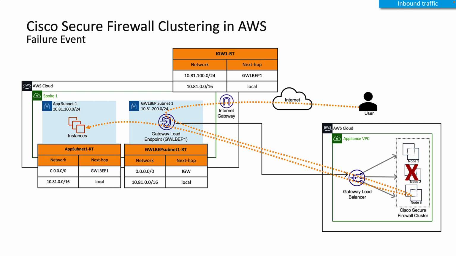And remember, in the previous slides, I talked about the cluster control link, and I talked about the backup owner and the owner. So we share state across the cluster, and in the event of failure, if node 2 is not reachable, if we receive any connection which was earlier a part of node 2, we will process that on node 3 as well, since we share state across the cluster.